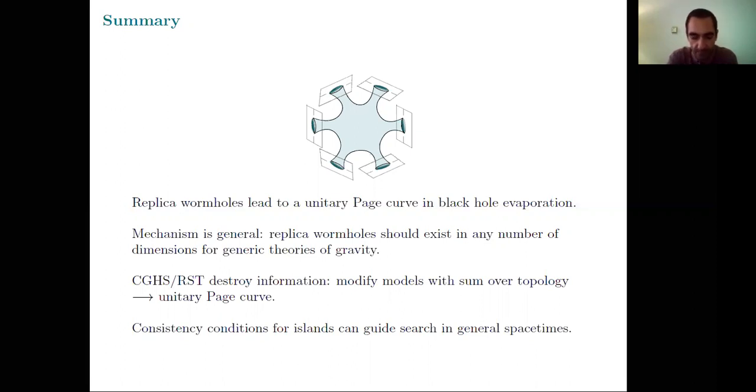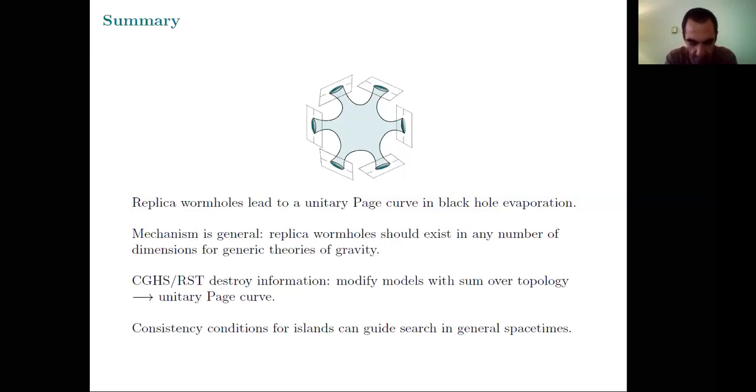Yeah. So in the CGHS model, it's simple enough that one can just compute the outgoing state. And it consists, not surprisingly, of a bunch of uncorrelated Hawking quanta, which are entangled with partners in the region behind the horizon.